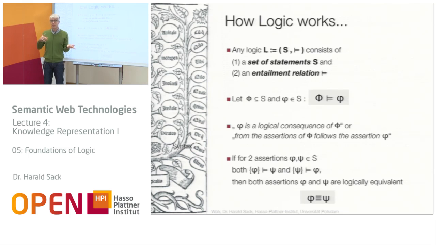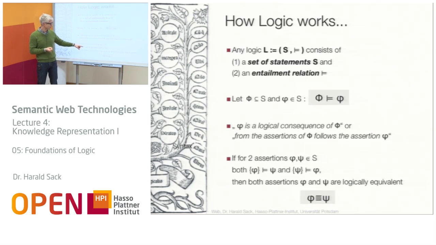On the other hand, vice versa, if for two assertions, phi and psi, both elements of the set S of statements, it holds that phi is a logical consequence of psi and psi is a logical consequence of phi, and here you have to consider that at the right side of the entailment relation there is always a set.